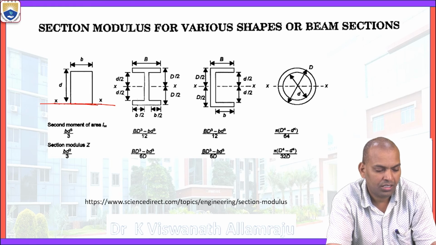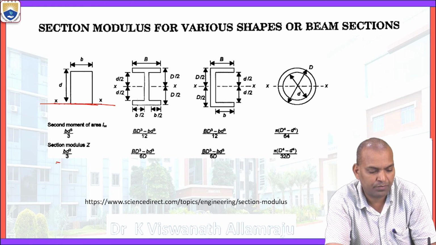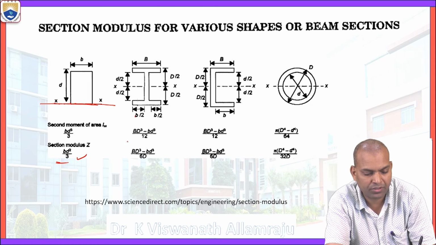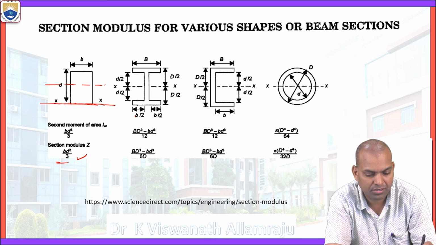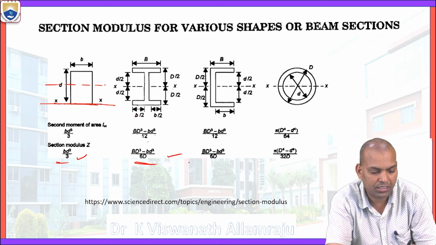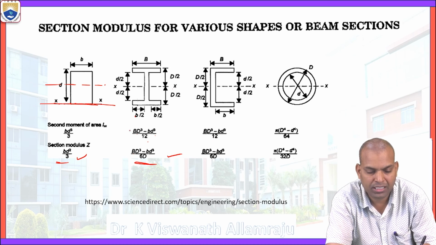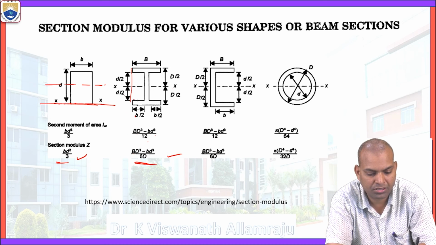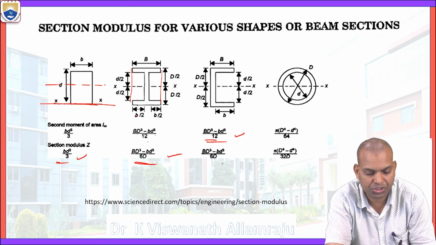Here the section modulus for this is BD square by 3. Again for this section, based on BD cube by 12 about neutral axis, here these are passing through neutral axis, that is BD cube minus bd cube by 12. This is for Z section. This is for I section. This section is considered here. And what about another section, that is C section?